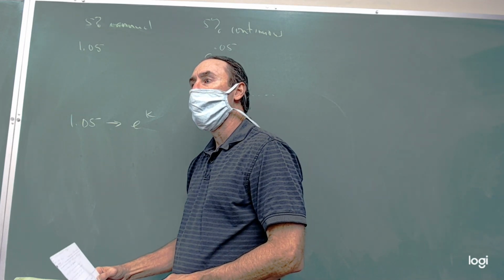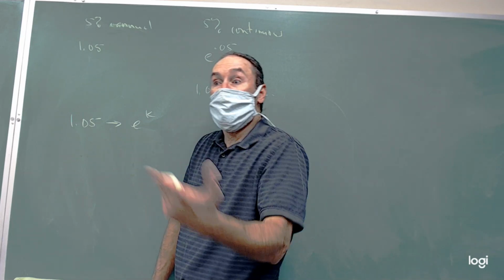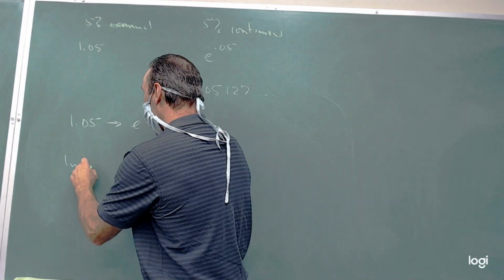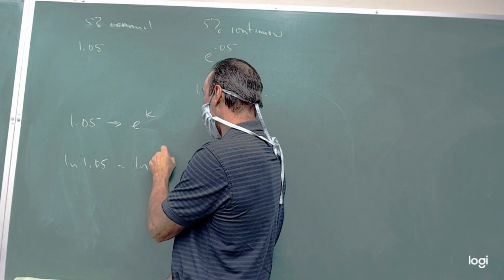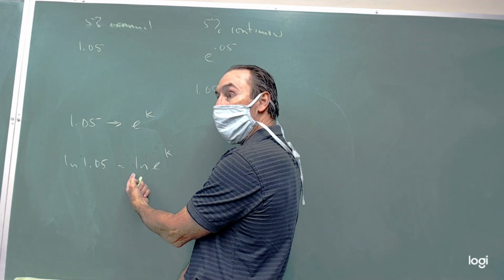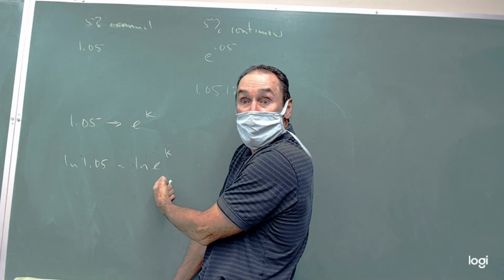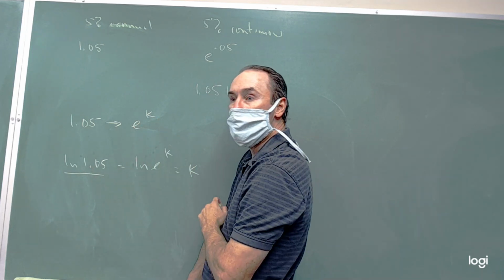Take a logarithm, base Euler's number, which we call the natural log, ln. So you take the natural log of 1.05 equals natural log of e to the k. Those cancel, because a logarithm base Euler's number and an exponential base Euler's number are inverses of each other, so that's just k. That is the number you're going to use.